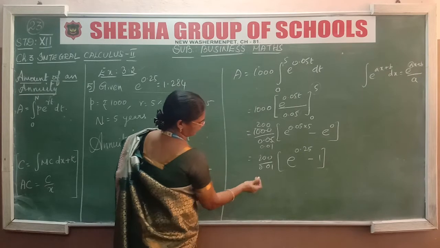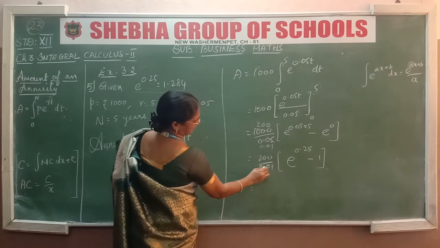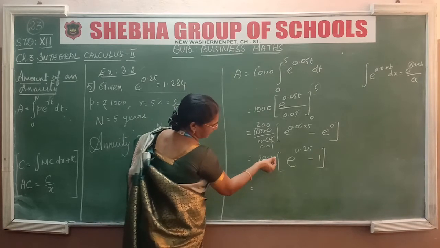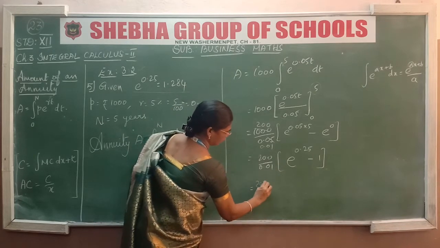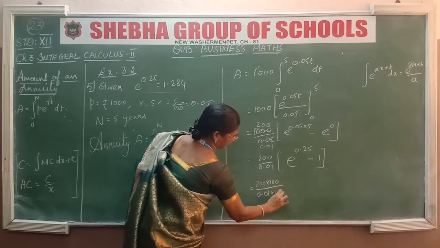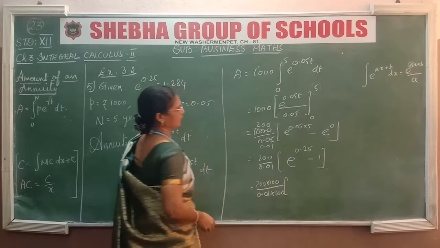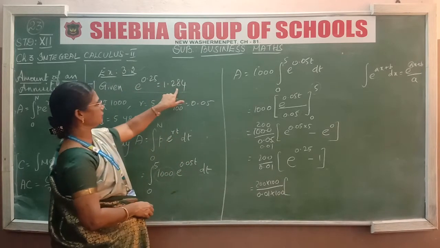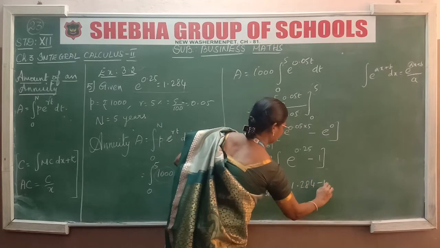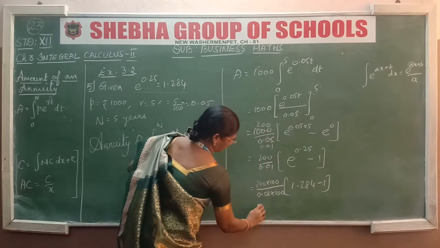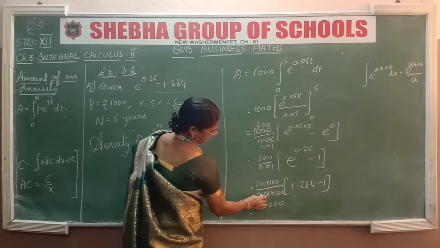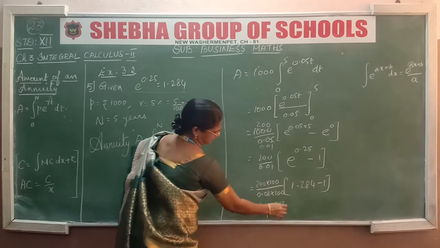First eliminating the decimal point in the denominator, we multiply and divide by 100, that is 200 into 100 by 0.01 into 100, and e power 0.25 is given as 1.284, so 1.284 minus 1.